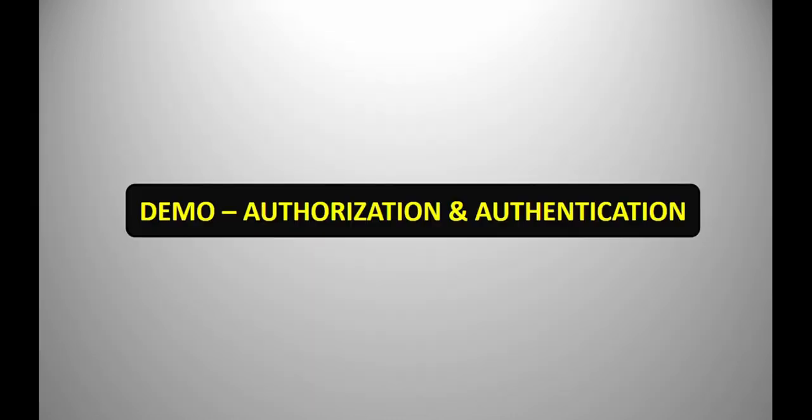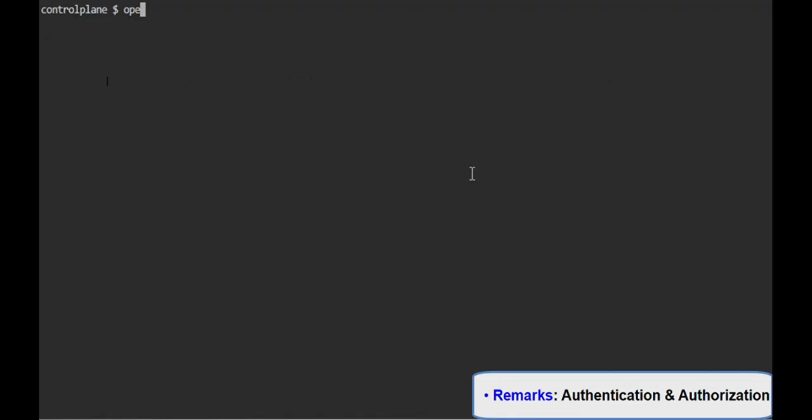Now coming towards the demo, where we will implement the concept of authorization and authentication for a normal user. Just a reminder that a normal user account cannot be created through API calls. To authenticate, a normal user must have a certificate issued by the Kubernetes cluster, and then it can present the certificate to the Kubernetes API for authentication.